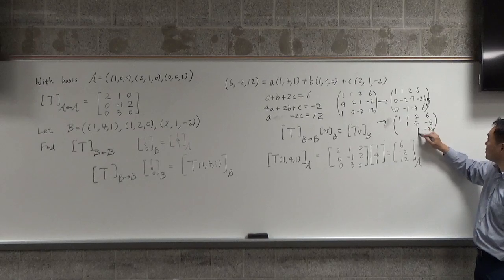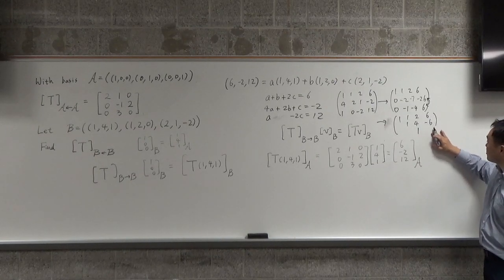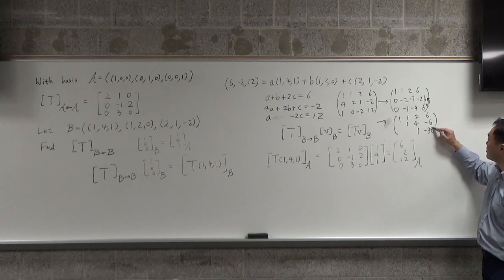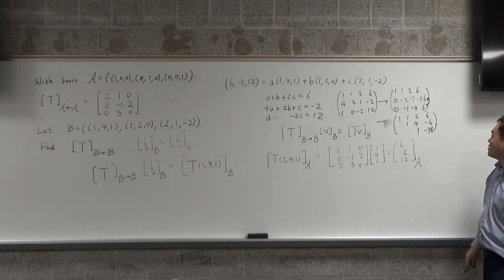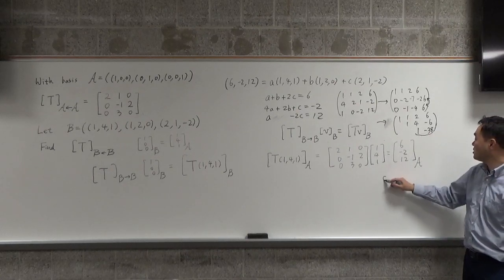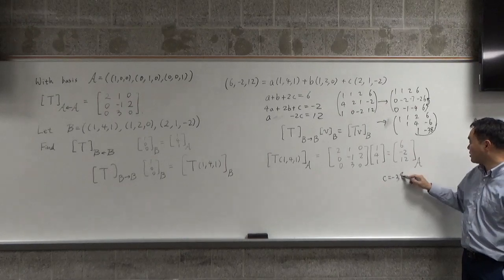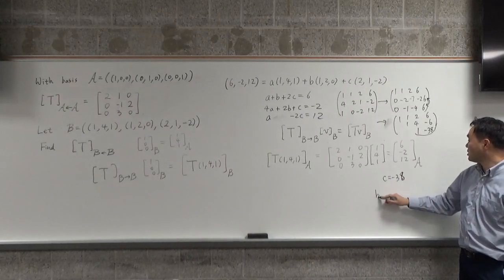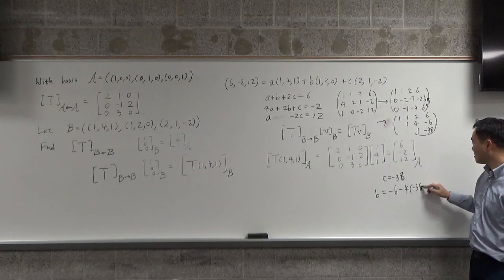This would be 1. Double of this, negative 12, added to this, will be negative 38. And I guess that means C is negative 38. And then B is negative 6 minus 4 times negative 38.